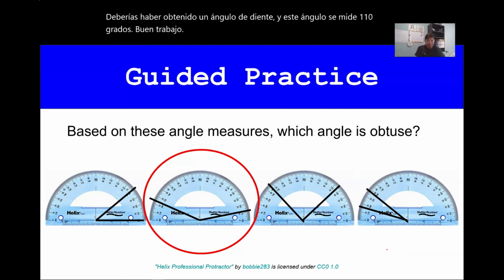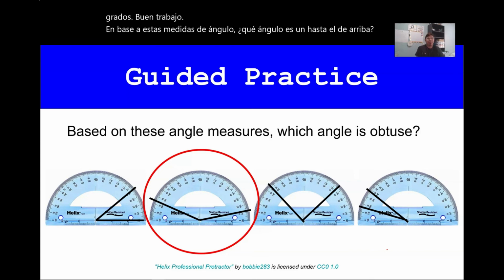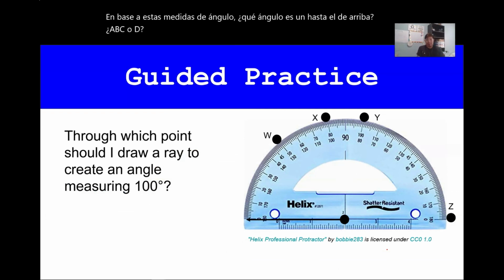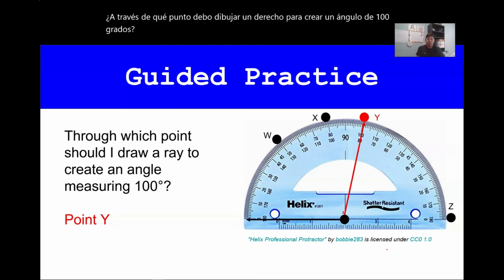Good. B is what you should have gotten. B is the obtuse angle. Okay. Through which point should I draw a ray to create an angle measuring 100 degrees? Good, you should have gotten point Y. Y is the one that measures exactly 100 degrees.